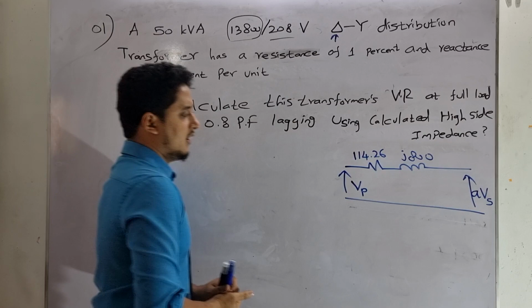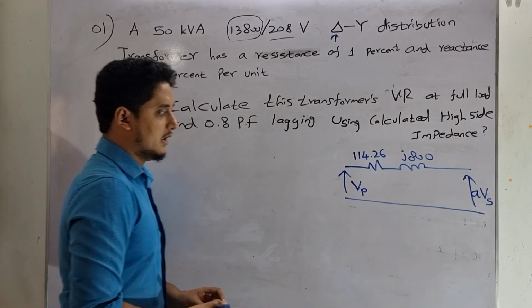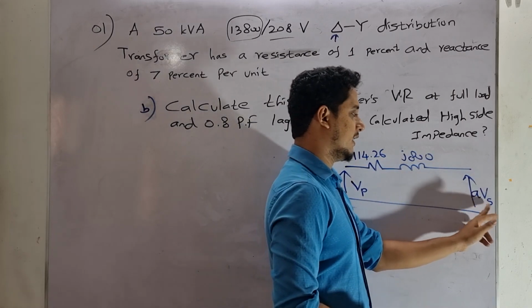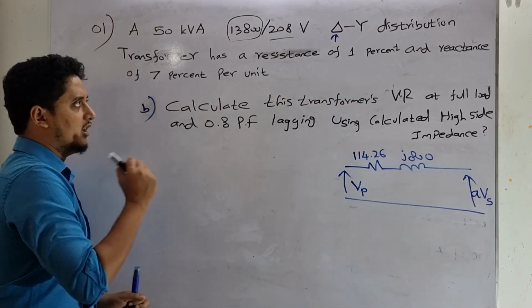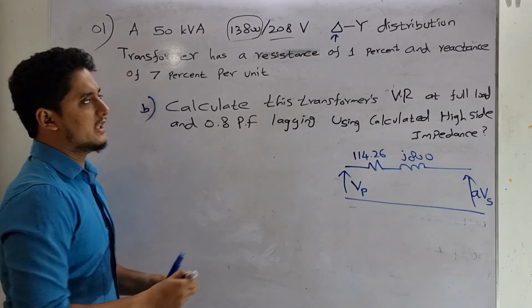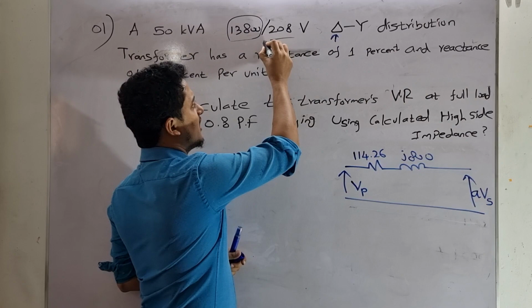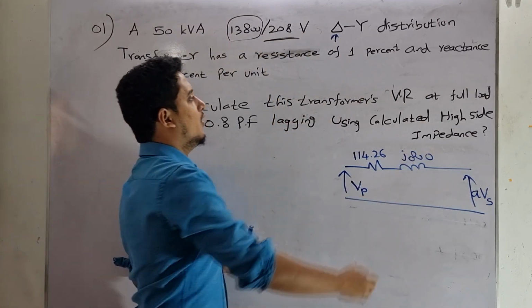First, in this question, we are going to calculate the secondary voltage A times Vs. We know in the delta-Y distribution transformer, the secondary voltage is 208 volts, and this is the Y connection.